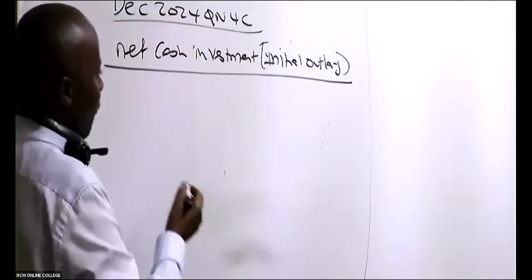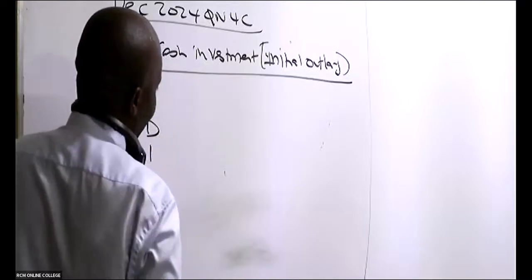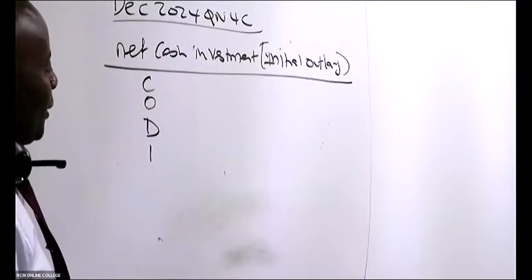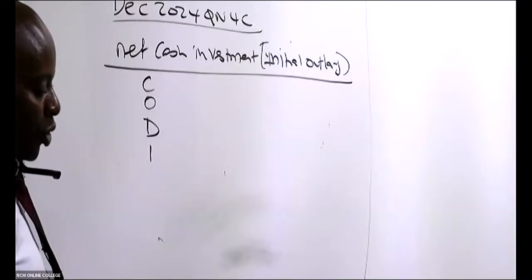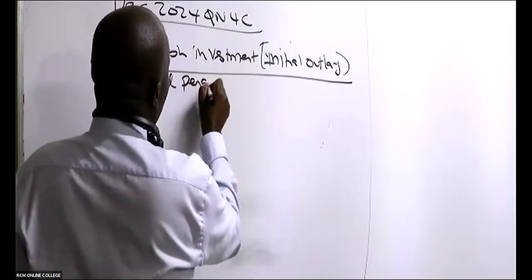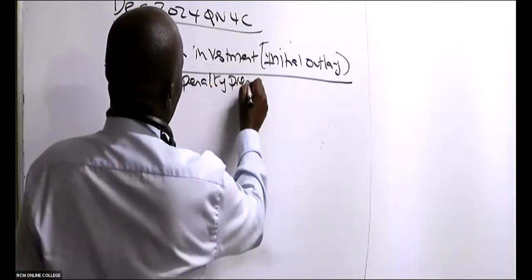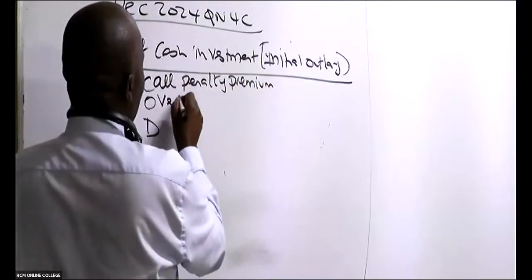Here you will always be forced to remember the mnemonic CFFFF. First, the call penalty premium. Then we have the overlapping interest.